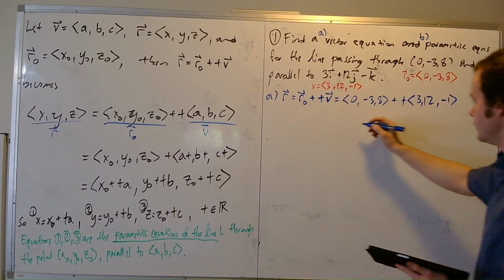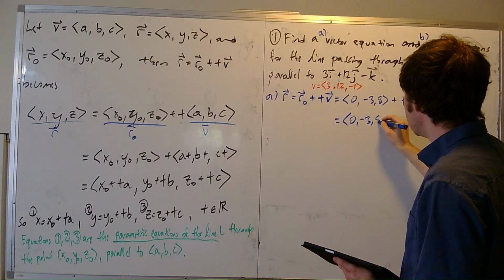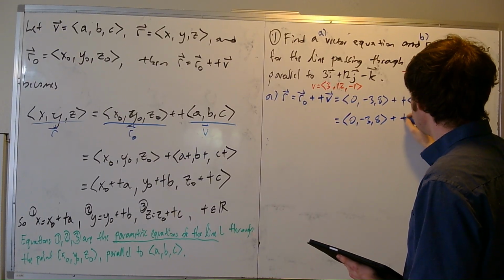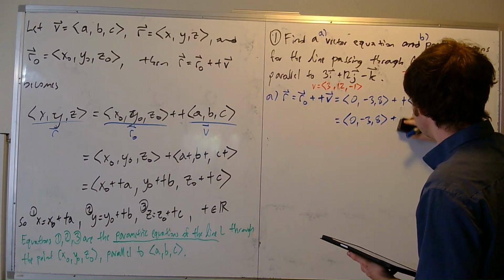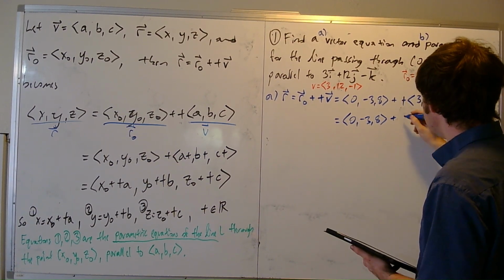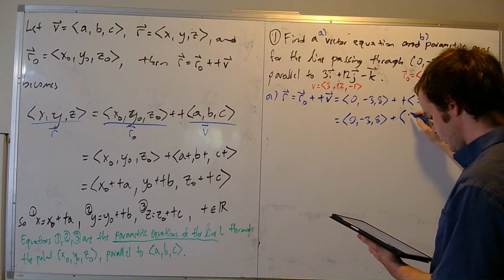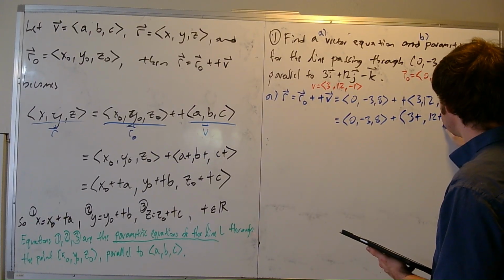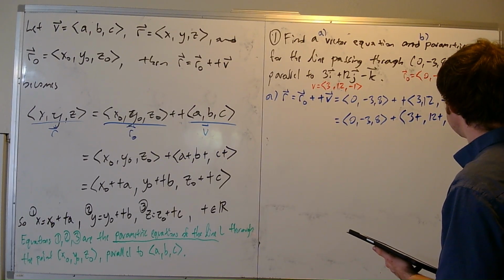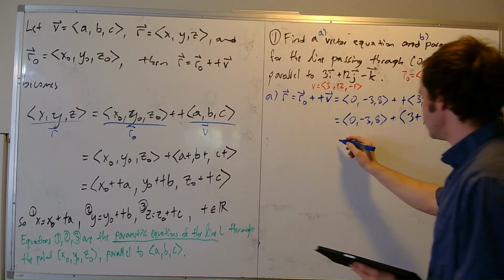First we distribute t, so we get <0, -3, 8> plus <3t, 12t, -t>. And now we just need to add the two vectors, so we add the components.